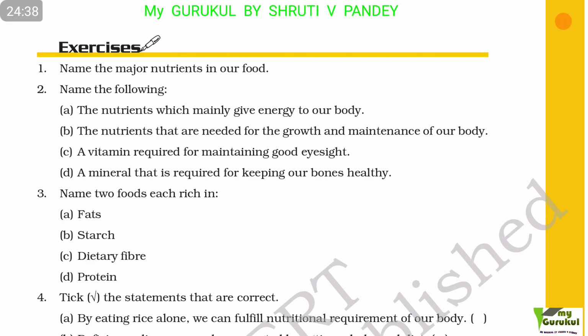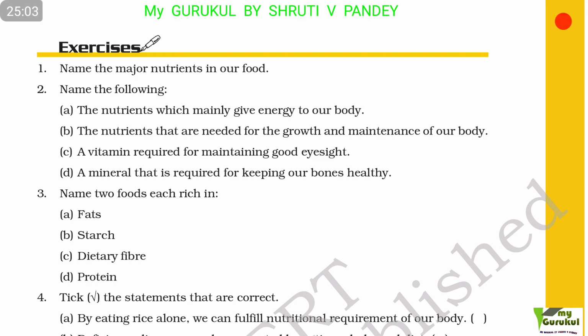So children, now let us do some exercise questions. Name the major nutrients in our food. The major nutrients in our food are carbohydrates, proteins, fats, vitamins and minerals. Next question: name the nutrients which mainly give energy to our body.